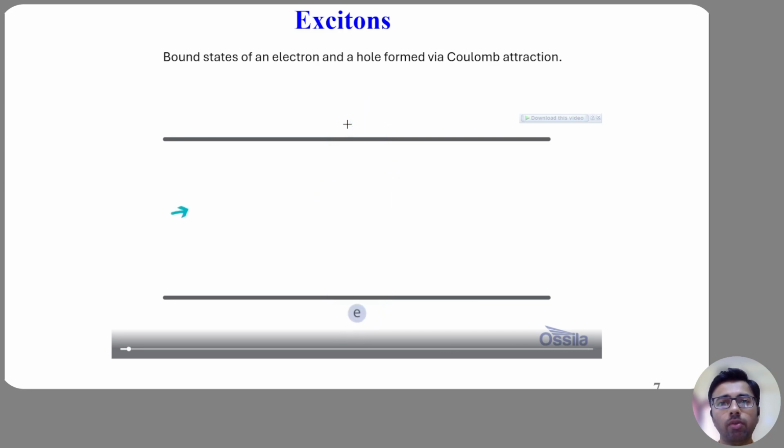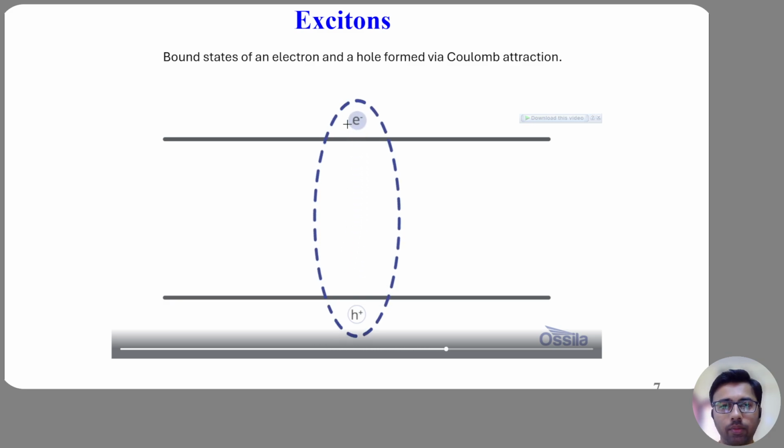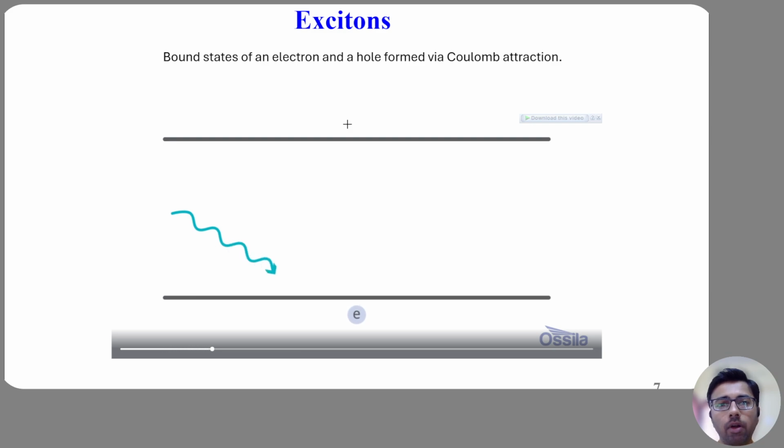You may visualize an exciton as similar to a hydrogen atom, but instead of a proton and an electron, we now have a hole and an electron interacting inside the dielectric environment of a crystal lattice. This concept is extremely important because excitons modify how materials absorb light.